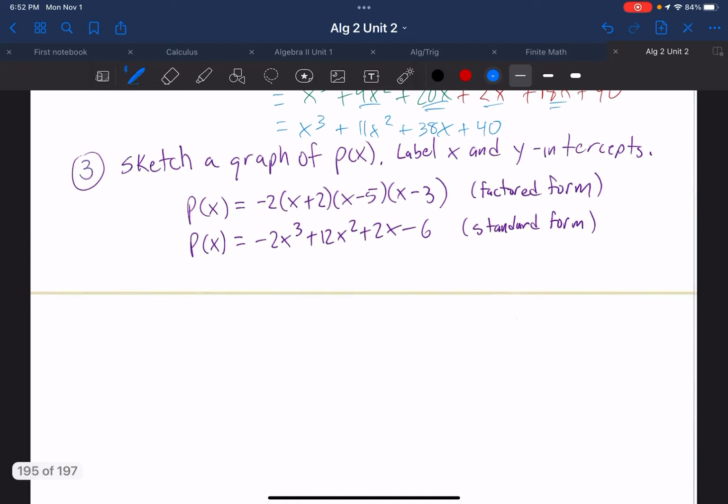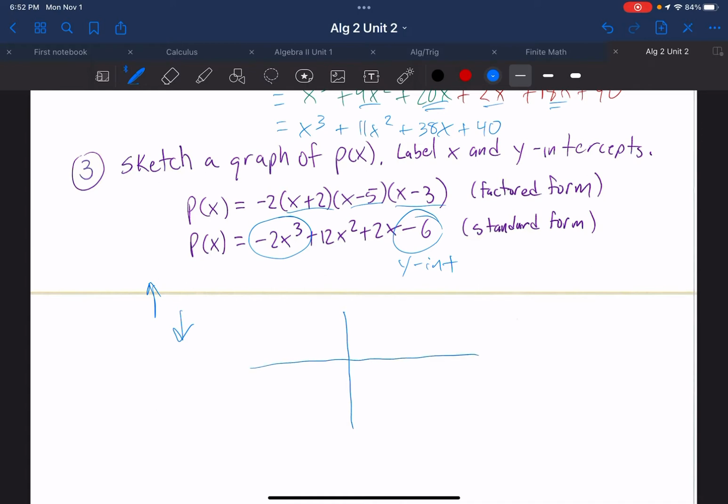Okay, so this right here would be the leading term. So it's negative and odd, so we know that it's up on the left and down on the right. We know that the y-intercept is -6, and then the x-intercepts come from those pieces right there. You set each of the factors equal to 0. So I'm going to make myself a makeshift sketch here.